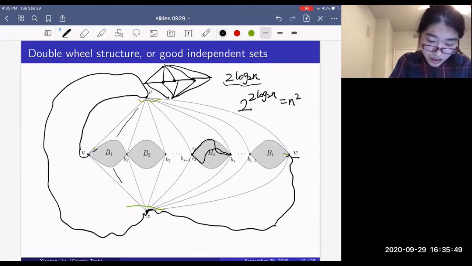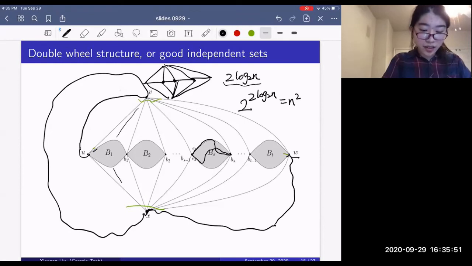Because we have a lot of consecutive blocks that are just one edge, we can get a lot of consecutive vertices of degree 4.